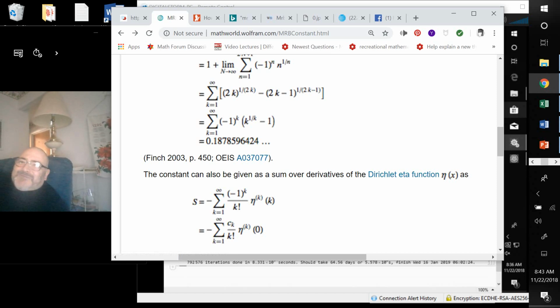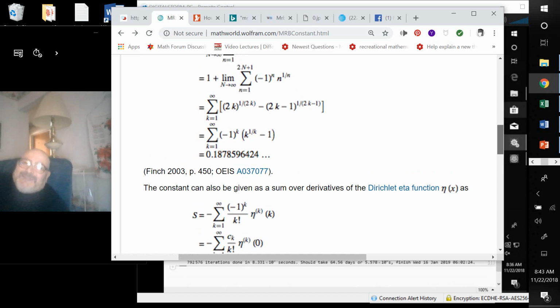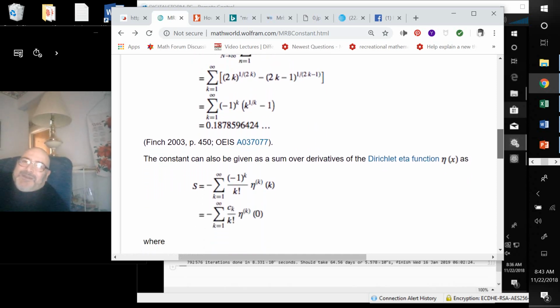I'm sure I did not pronounce that correctly. S equals, above we had S equals, well, the same S equals the sum of the alternating series of the kth derivative of eta of k from k equals 1 to infinity, the negative of that.